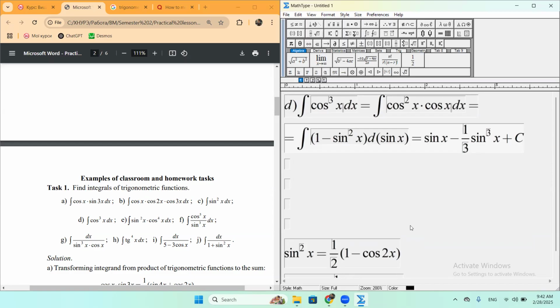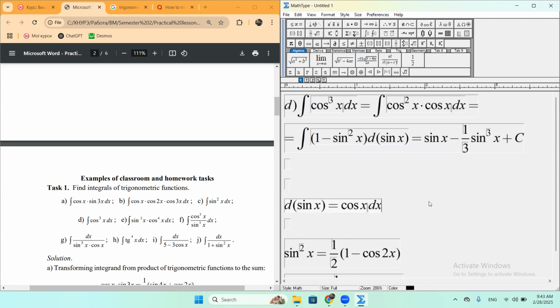I understand, thank you. And next question: we rewrite cosine x dx like the derivative of sine x. I will correct you: differential. Differential is the derivative multiplied by dx.